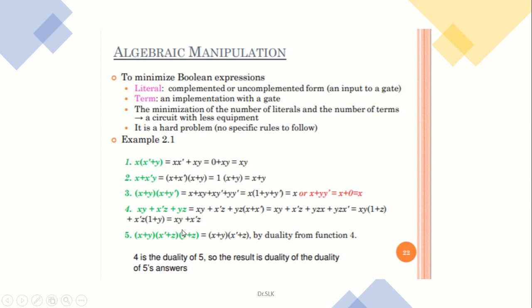Here also we may get the same answer as xy plus x dash z. When the question is a dual, the answer that we will be getting is also the dual of the answer, so x plus y into x dash plus z. So the fifth is the duality of the fourth, and the result is also the duality of the fourth answer.